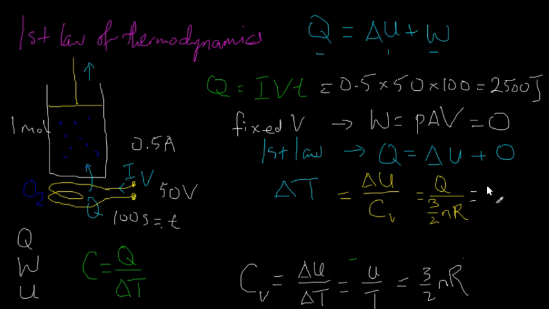So Q is 2,500, divided by 3/2, N is 1, and R is 8.31. So with our calculator, we can now find an answer, and the answer is 200.6 Kelvin.